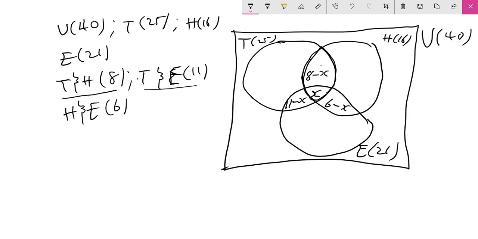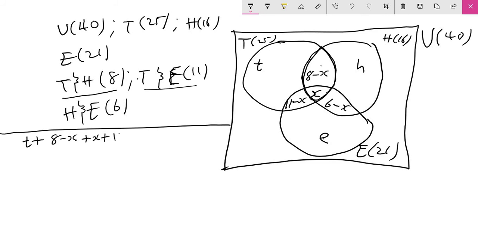So we are to calculate the value of X. So now, of course, we find the values in here, T only, and so on and so forth. So let's call this T, small h, and small e. So now T plus 8 minus X plus X plus 11 minus X must be equal to 25, because this whole circle must add up to 25. That's all I'm doing.